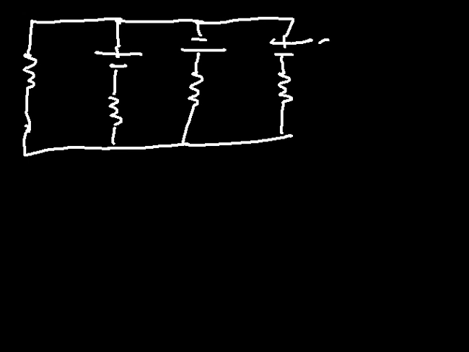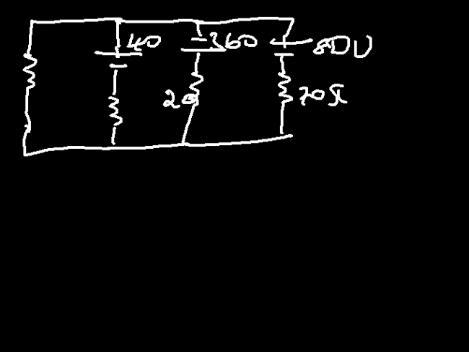And now this is an 80 volt battery. Let's say this is a 70 ohm resistor. Let's say this is 20, this is 360, this is 40, we have 200, and let's say this is 80. So now the question says that we should calculate the current across each resistor in this case.